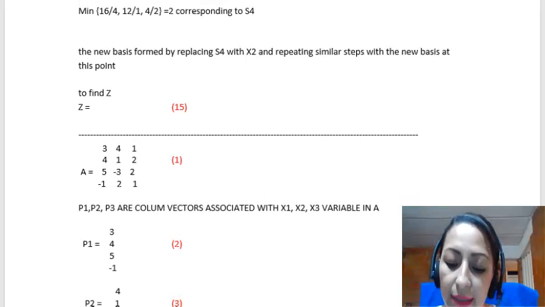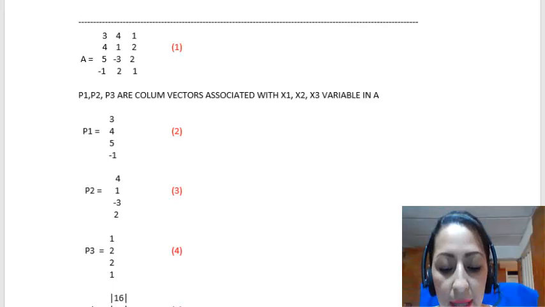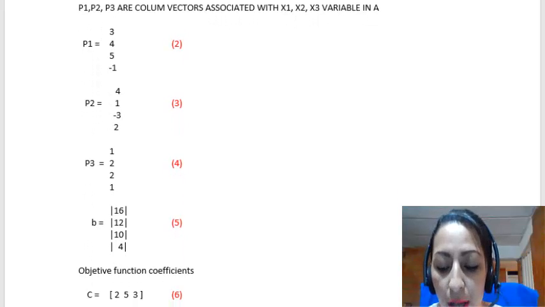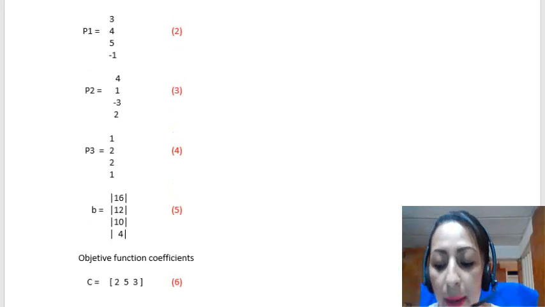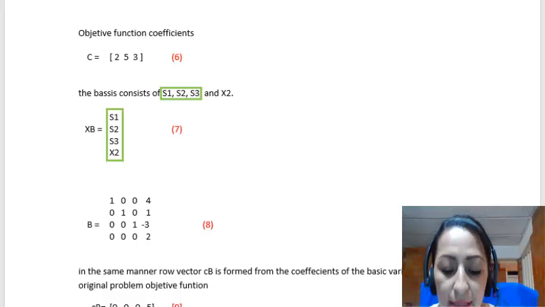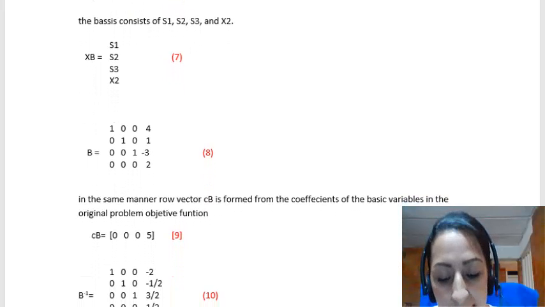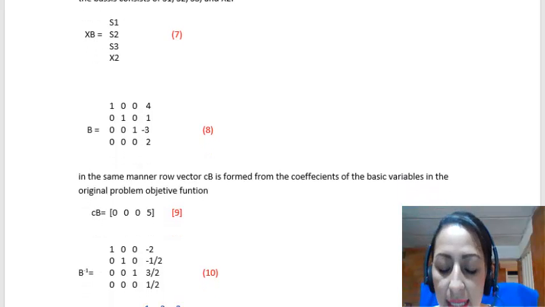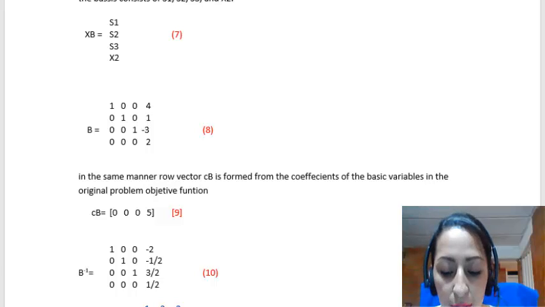In this case, P1, P2, P3, B, and C are the same matrices that I had before. However, now my basic variable set changes: x2 enters and replaces S4. I will change that, so my XB will be represented as S1, S2, S3, and x2, and the B matrix accordingly needs to be changed.